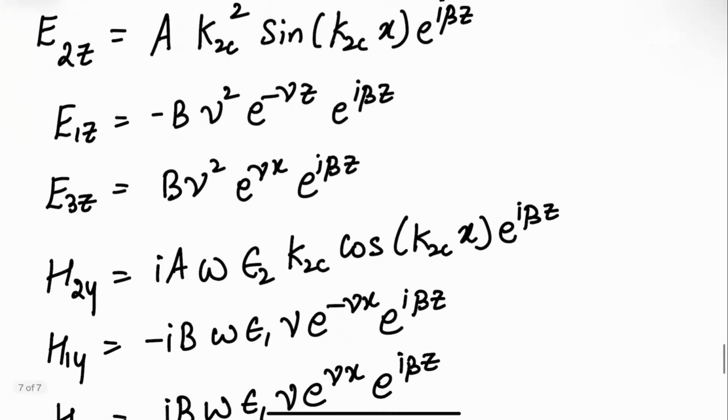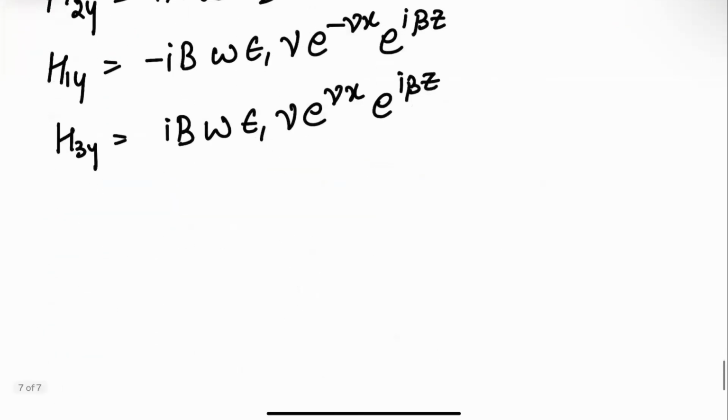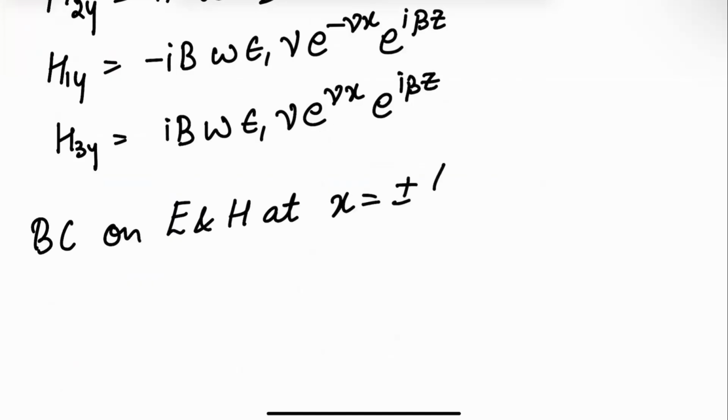And boundary conditions don't really apply to Ex, right? It only applies to the tangential part. So this is the tangential E, this is the tangential H. That's why I've only written these out. Okay, so apply boundary conditions on E and H at x equal to plus or minus t over 2.